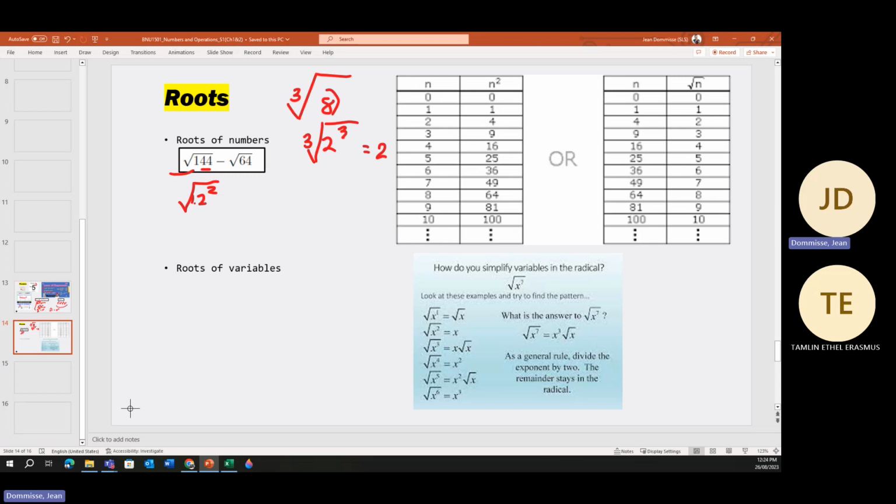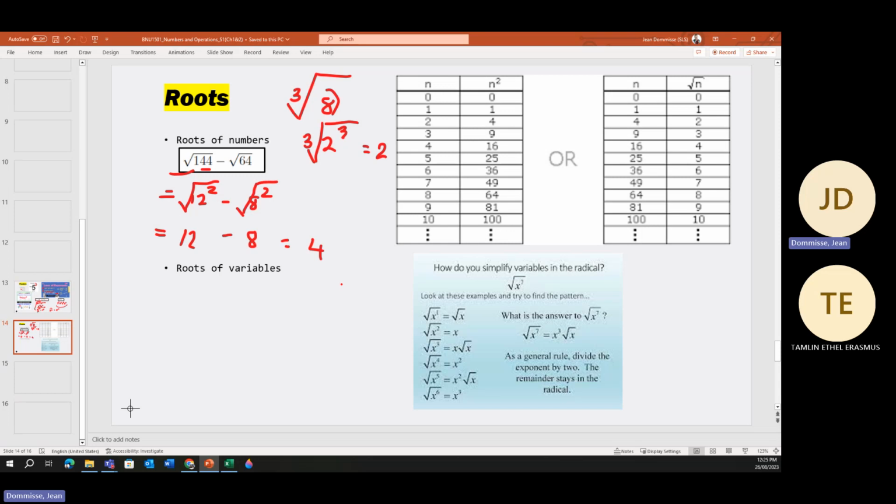So if we take the square root of 12 to the power of 2, that answer would have been 12. Then if we look at 64, again go back to your tables, 8 times 8 would have given you 64. So we would have said, well, 12 minus 8 is your answer of 4.